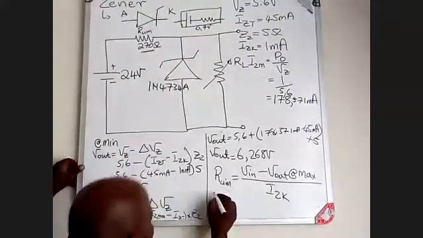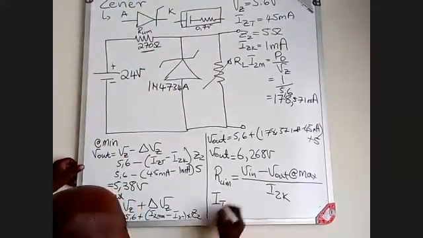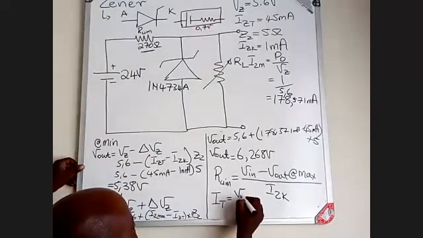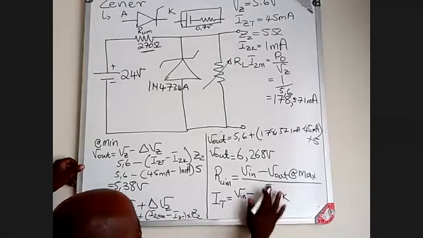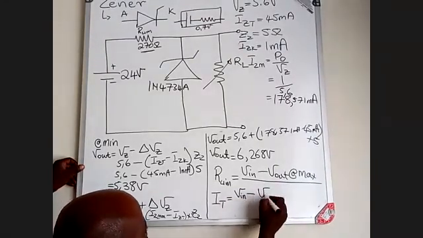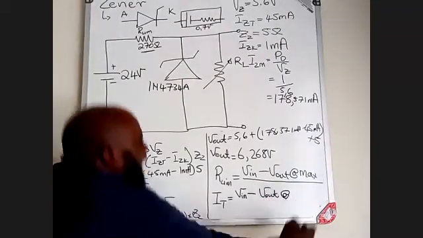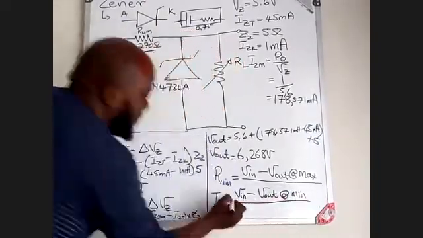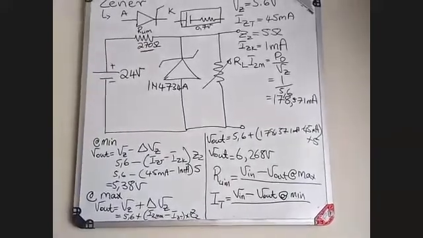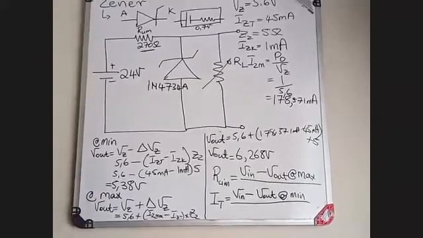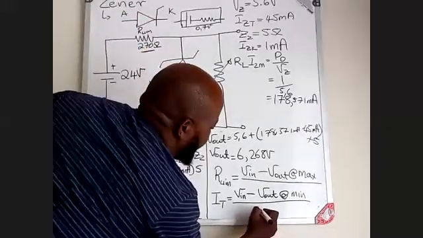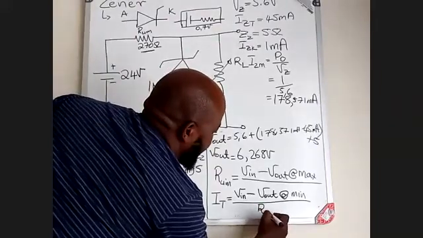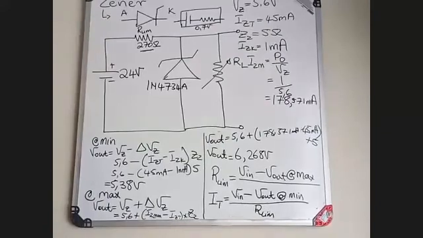I total will be given by your V in minus your V out at minimum, divided by R at limit.